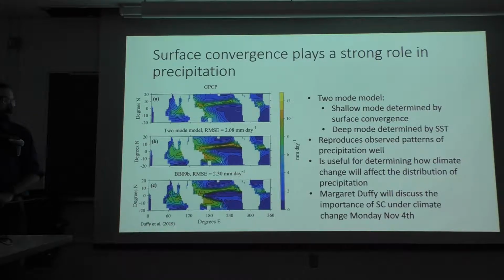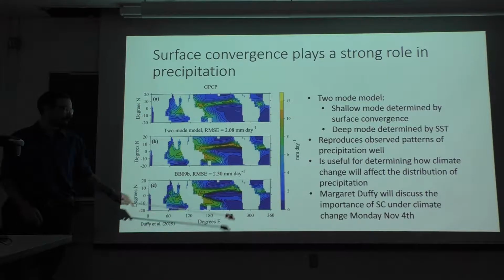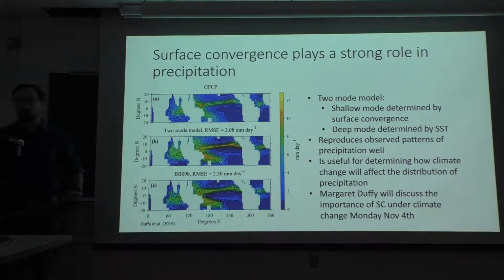A much more detailed explanation of this is going to be given by Margaret Duffy on Monday, as she uses a similar model to explain the distribution of precipitation under global warming and climate change, and how the importance of the Laplacian of heating as opposed to just heating in general.